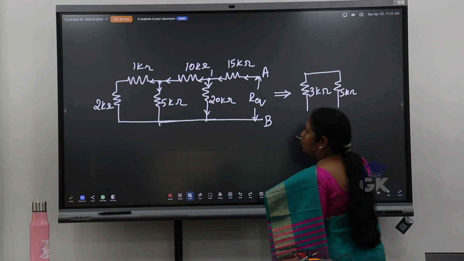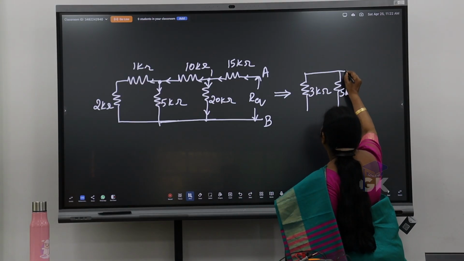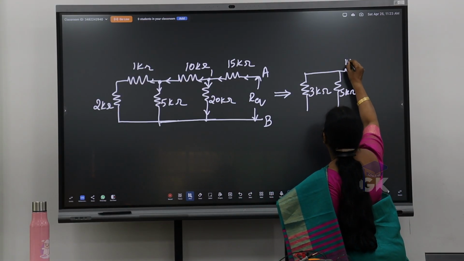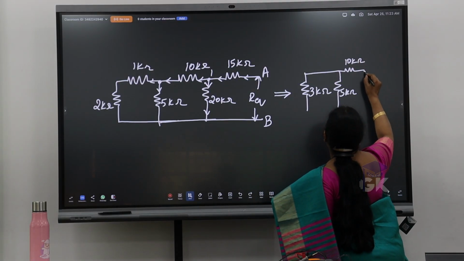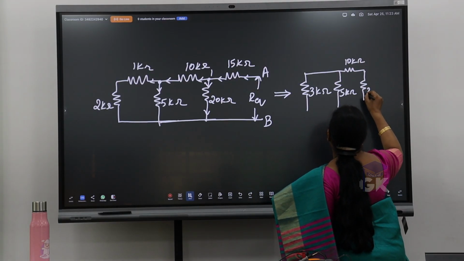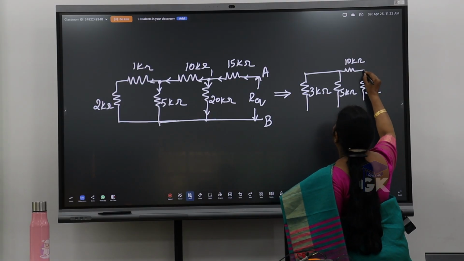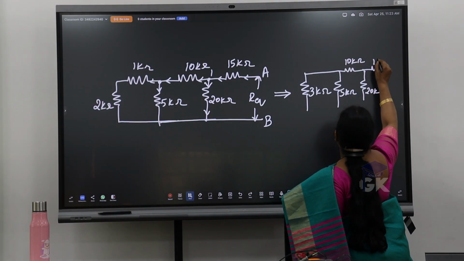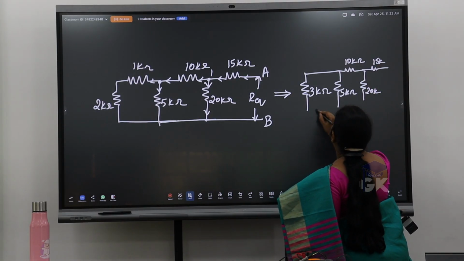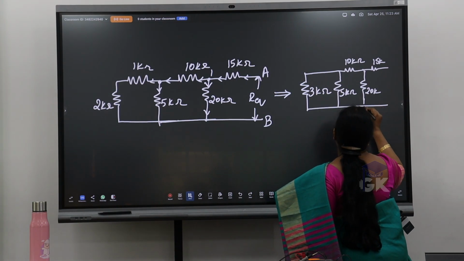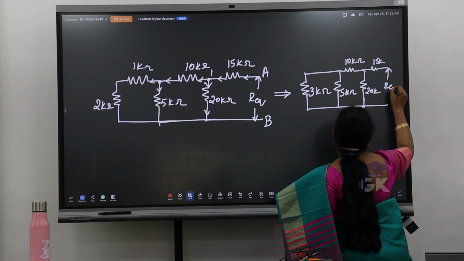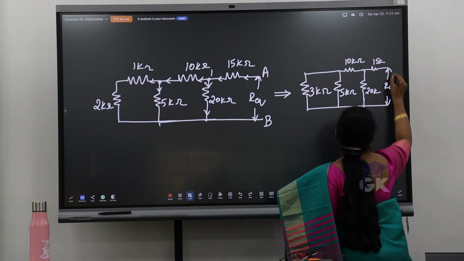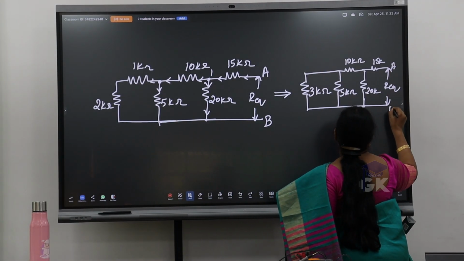I'm just reducing, the simplest step I'll reduce. 10K here as it is, okay, 20K, and here it is 15K. Correct? These two are the branches now, equivalent between these two, A and B.